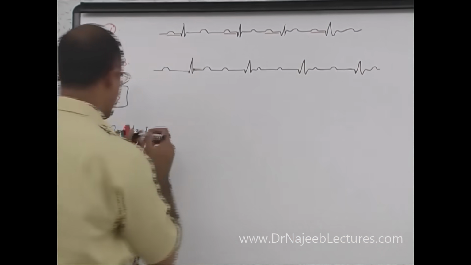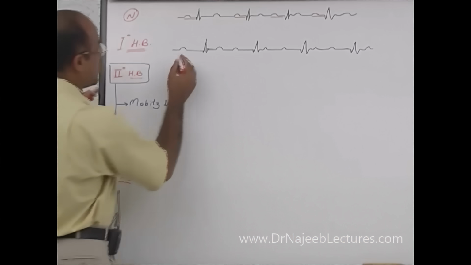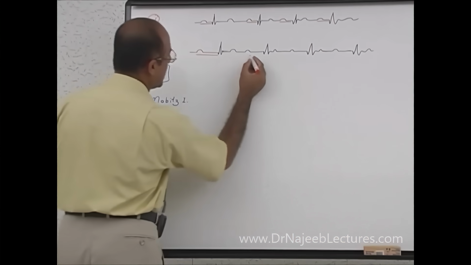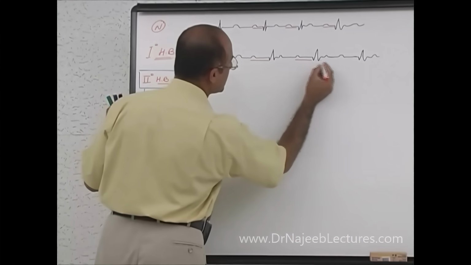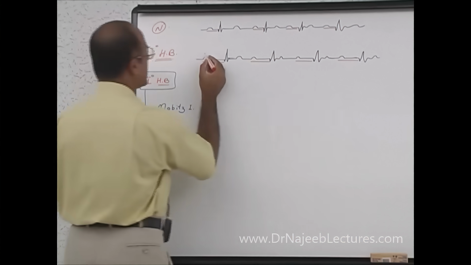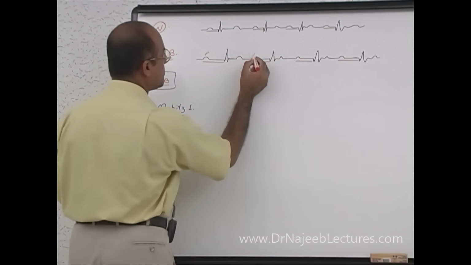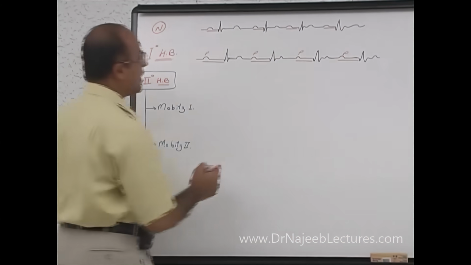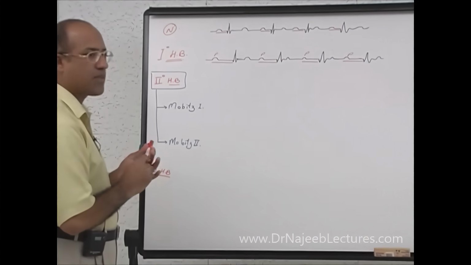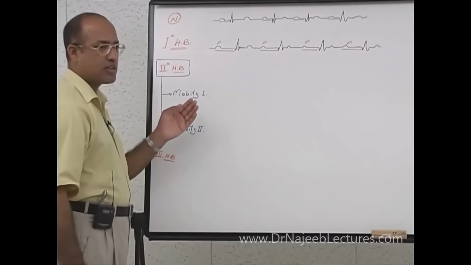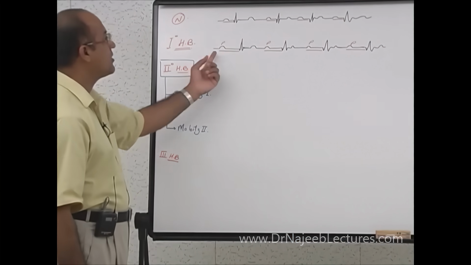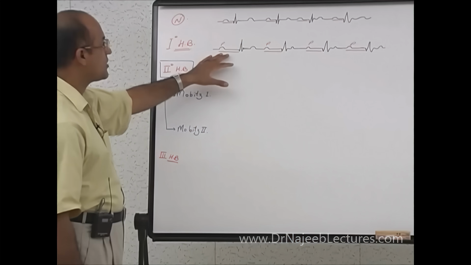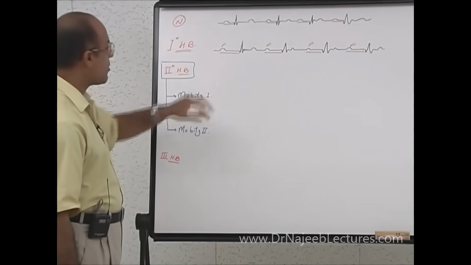But the point you have to remember here is that even though it is prolonged pathologically, every P is followed by a QRS complex. It means all atrial activities have been conducted down into the ventricle in spite of undue delay. So this will be first degree heart block.